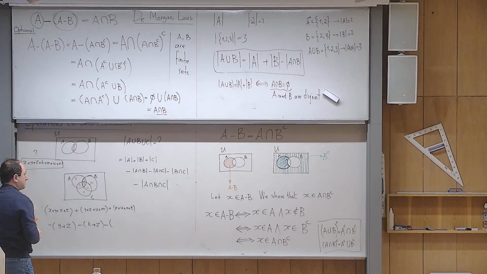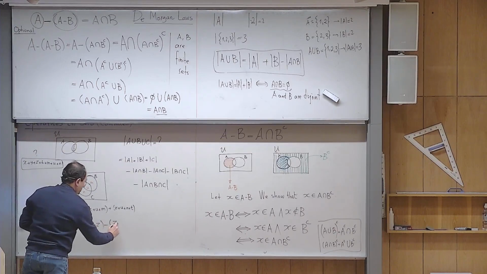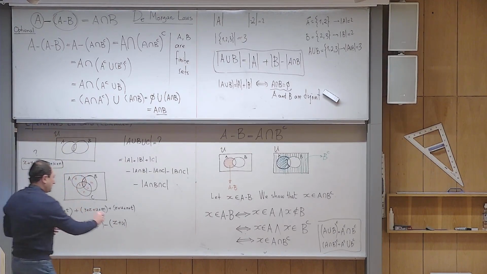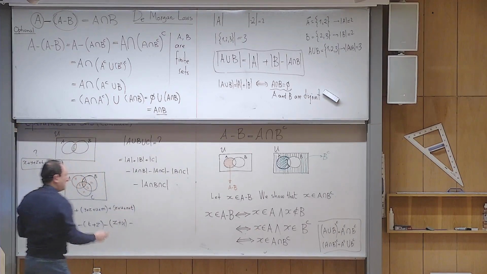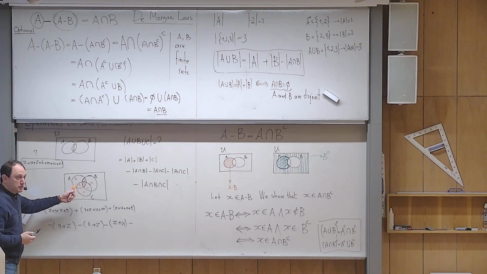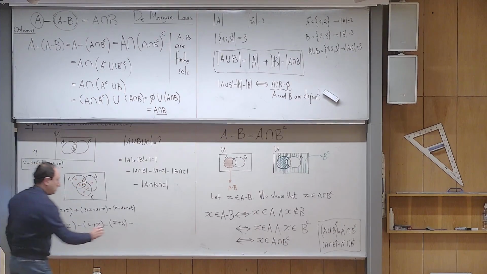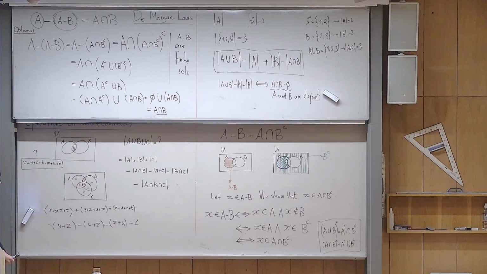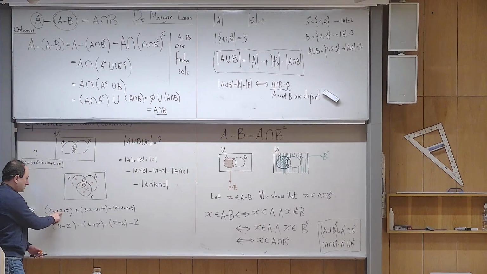Z and U. Okay, so let us try to understand that. And you said minus A intersection B intersection C. Where is that? It's just Z. So you said subtraction. Okay, but let us check. You see, this is positive Y, this is positive Z, this is negative Y, negative Z. So they are really gone.